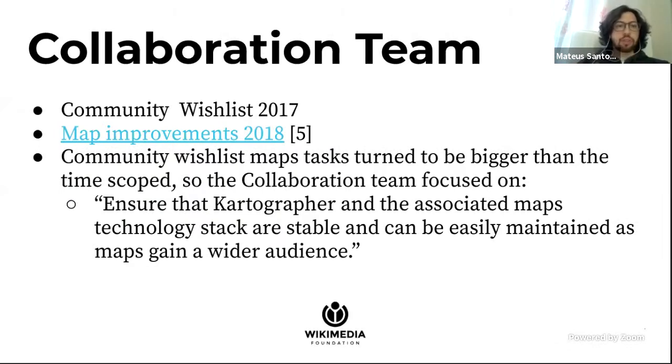And one thing about the community wishlist of 2017: maps was chosen, but the scope of the wish was too big to be worked on by the collaboration team. If you go to the Maps Improvements 2018 page on Wikitech, you will see a really nice backlog of information, a lot of reports from different times regarding maps development in those 2 quarters.